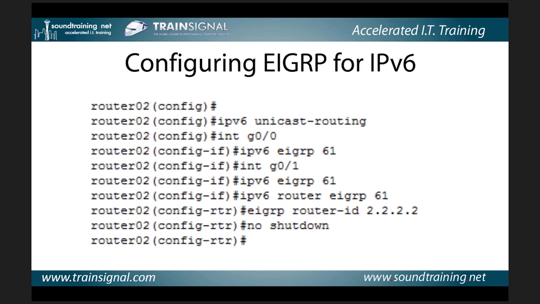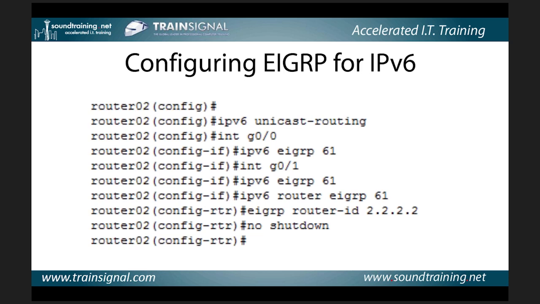Again, at the top you see we enable unicast routing, so IPv6 unicast routing. Then we go to the interfaces and we enable EIGRP on the interfaces. So there you can see we've enabled the Autonomous System 61, and that's just a random number that I chose. Then we go to the next interface and do the same thing.